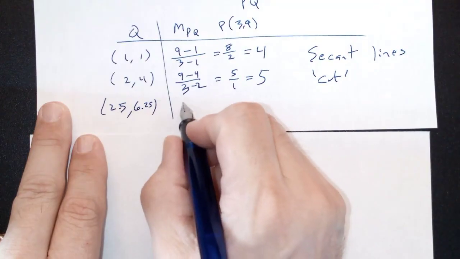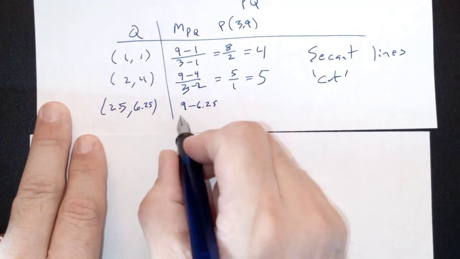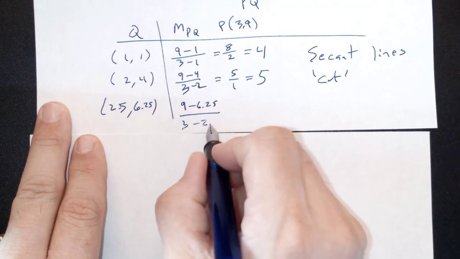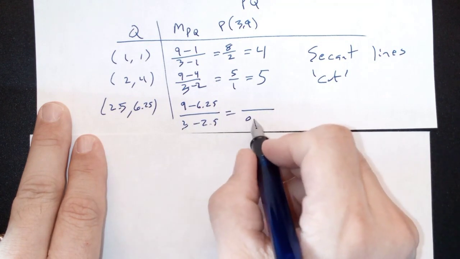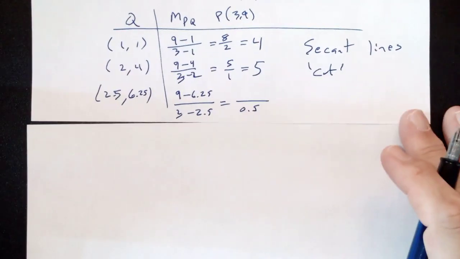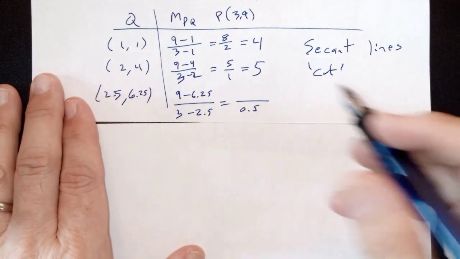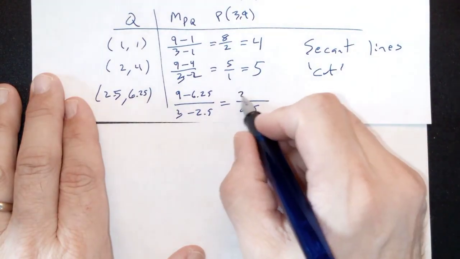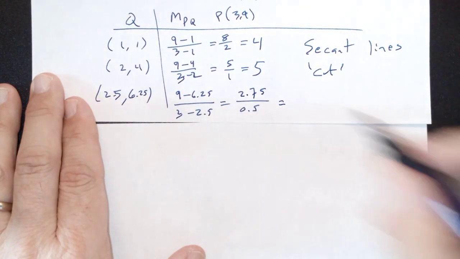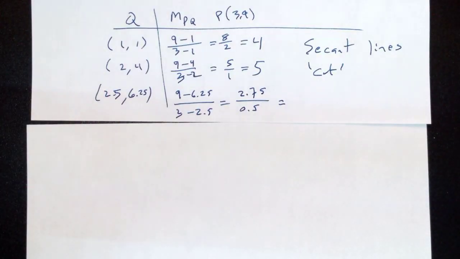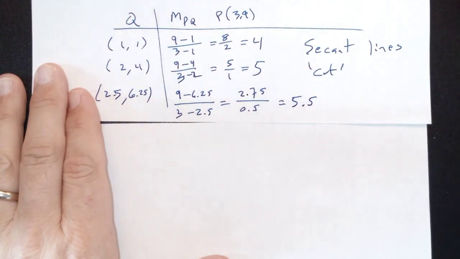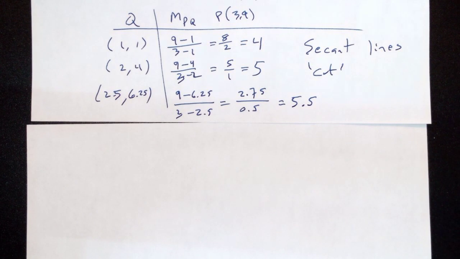So my slope is, well, 9 minus 6.25, change in y, over 3 minus 2.5, change in x. 9 minus 6.25 is 2.75. Divide that by 0.5 and we get, say it again, 5.5. I'm closer.